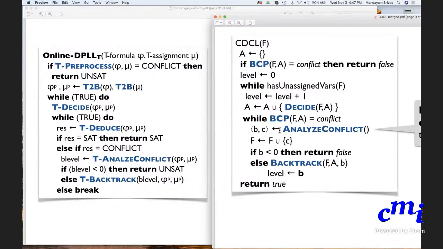It does the normal BCP, but it also consults the theory solver as it does Boolean constraint propagation, so that it can remove the two drawbacks that I mentioned earlier. It can work with partial assignments and also use the solver to deduce certain true formulas in the theory as it does Boolean constraint propagation. And similarly, analyze conflict and T-backtrack are also slightly modified.